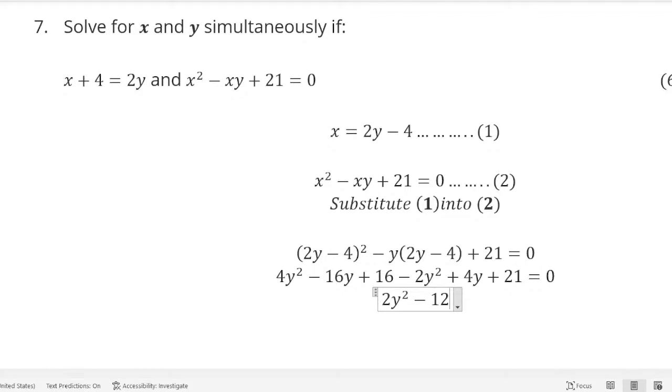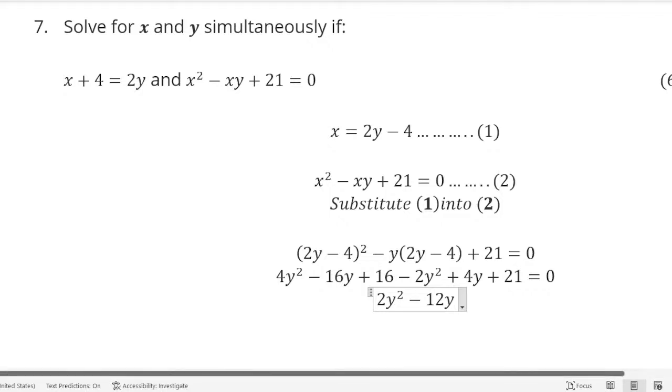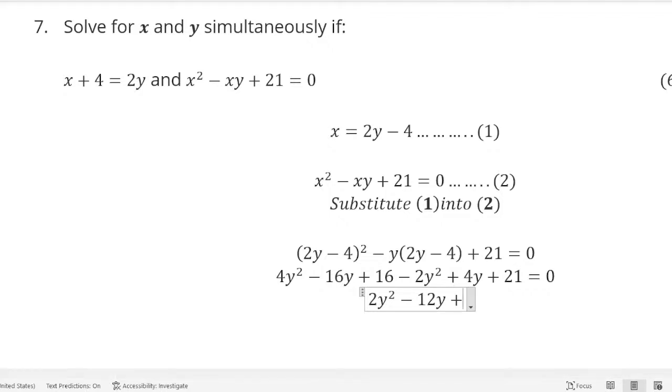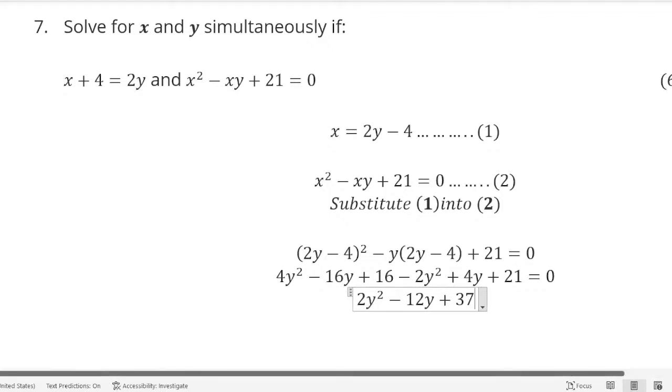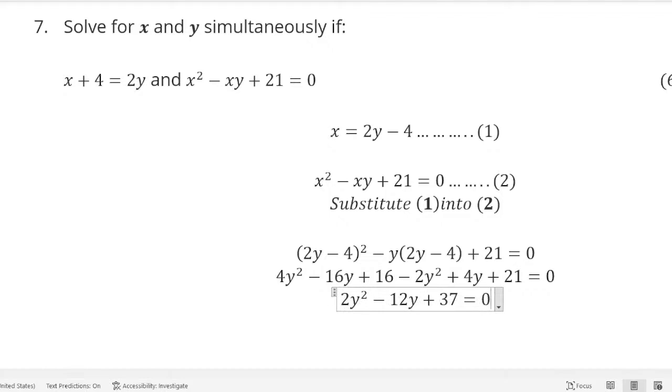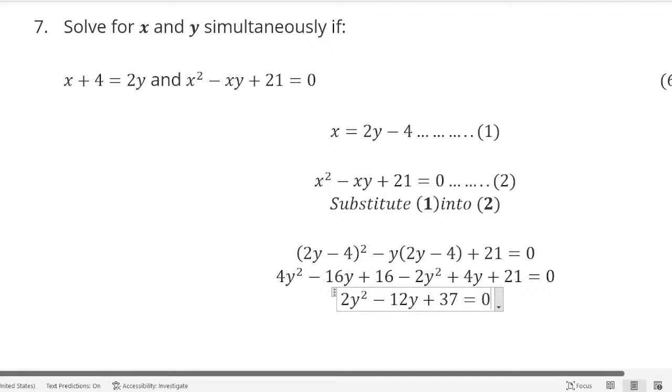Then 16 plus 21 will be 37. So this one we have to use the quadratic equation because we cannot factorize this one.